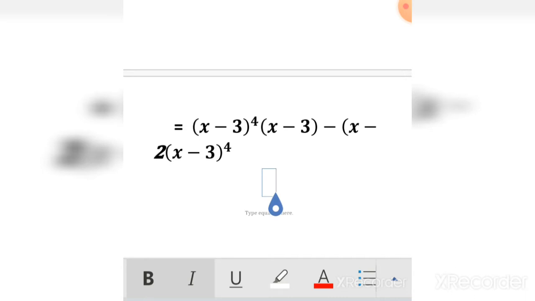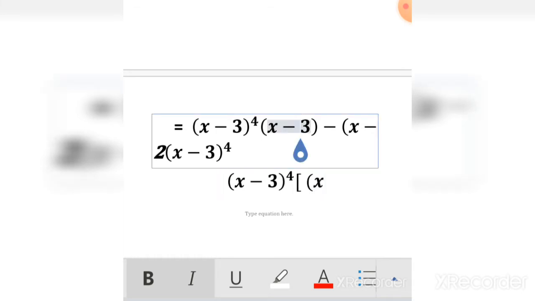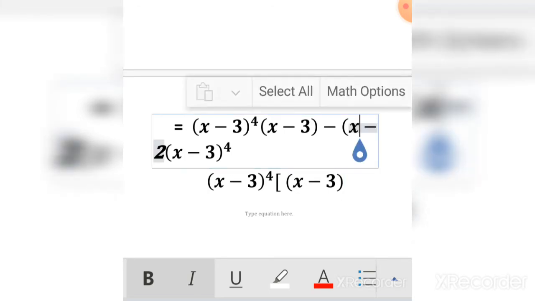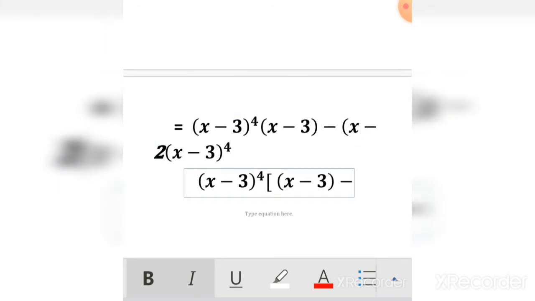So, x minus 3 to the fourth power, times x minus 3, this one, and this, so minus x minus 2.